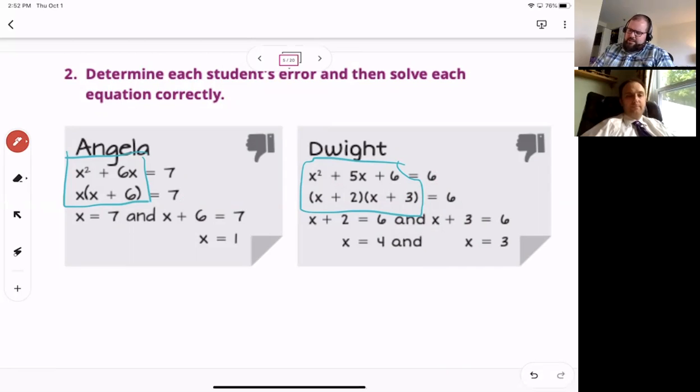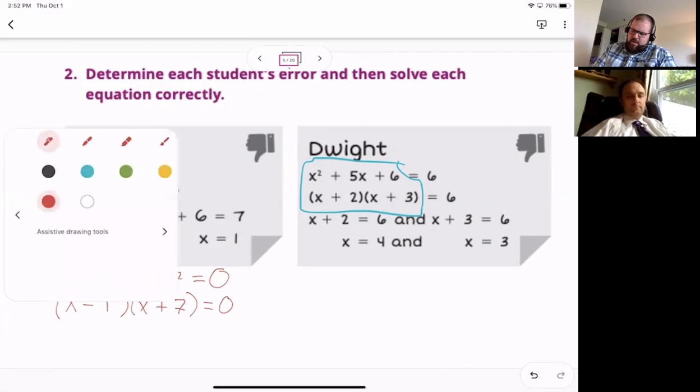So a first step for Angela that would have been really good would have been writing this as x squared plus 6x, and then if I subtract 7 from both sides, there are no like terms there, so that's going to go on its own, and that's equal to 0. This is going to factor into two things that we're going to distribute. It would end up factoring into x minus 1 and x plus 7.